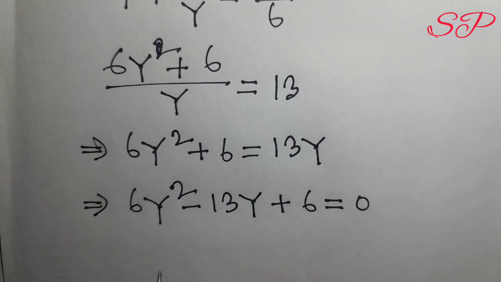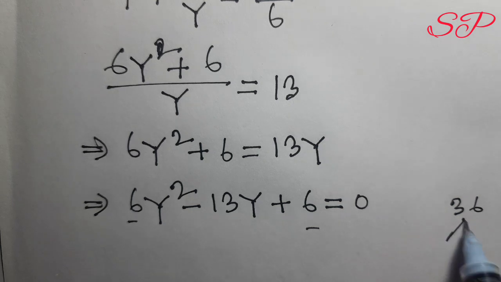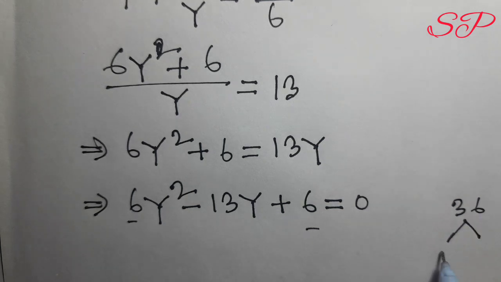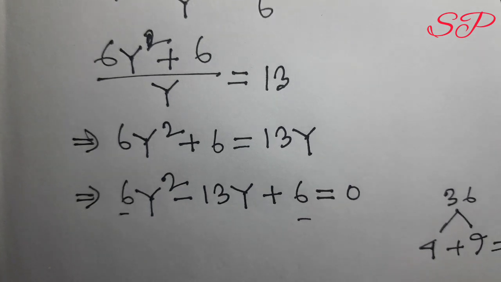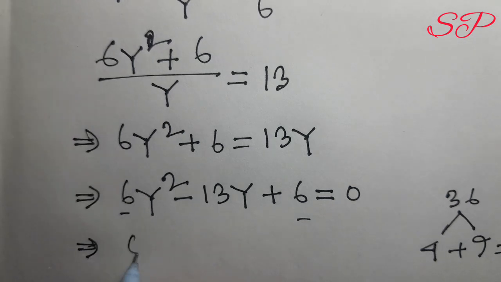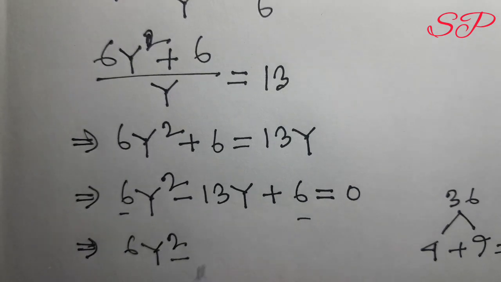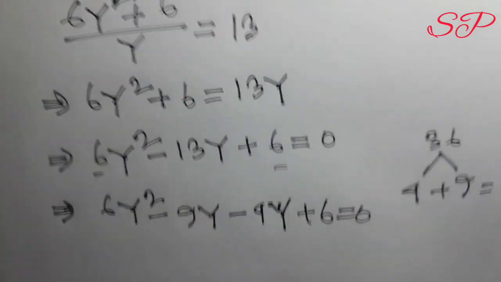Here 6 times 6 is equal to 36. Here 4 and 9: adding them is equal to 13 and multiplying 4 and 9 is equal to 36. So the factors of 36 are 4 and 9. Then we can write 6y square minus 9y minus 4y plus 6 is equal to 0.